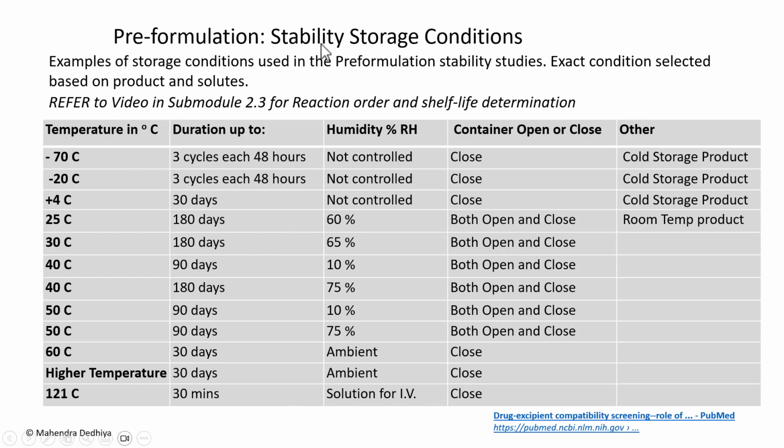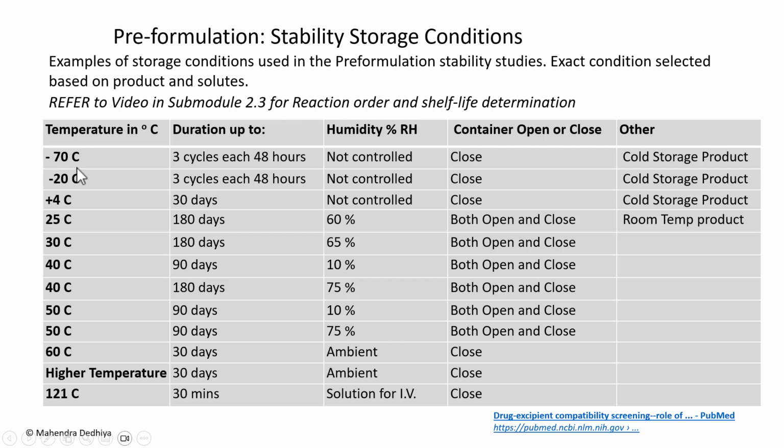Preformulation stability storage conditions are different than those used in a product according to the regulatory guidelines. Preformulation studies are conducted at a different temperature and storage condition. Reader is requested to refer to videos in submodule 2.3 for reaction order and shelf life determination.